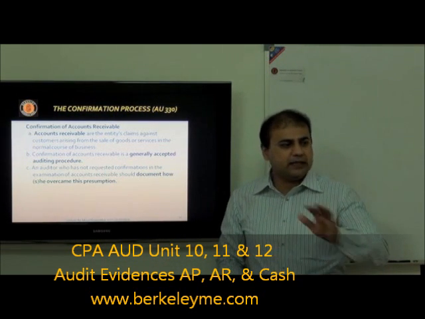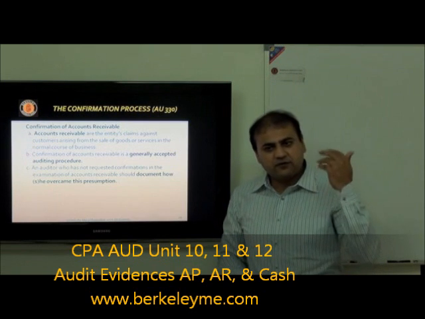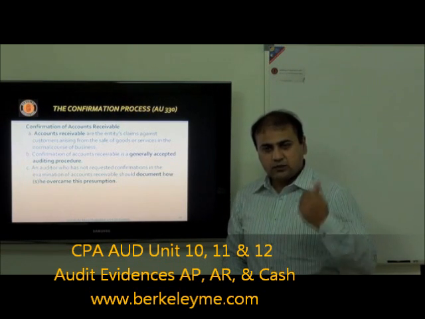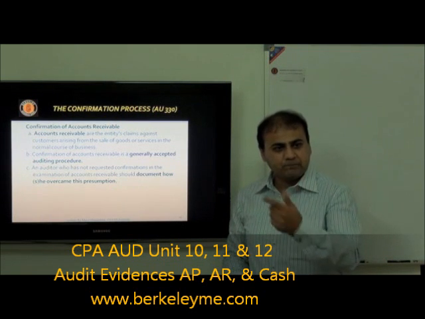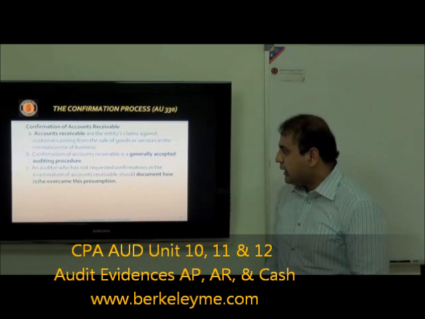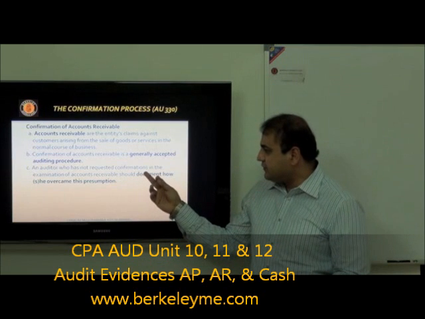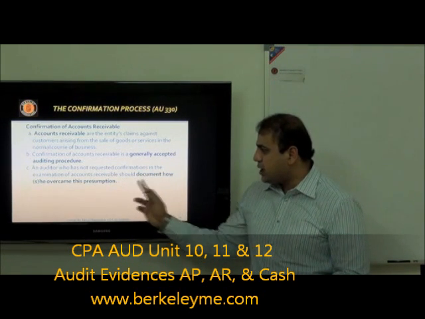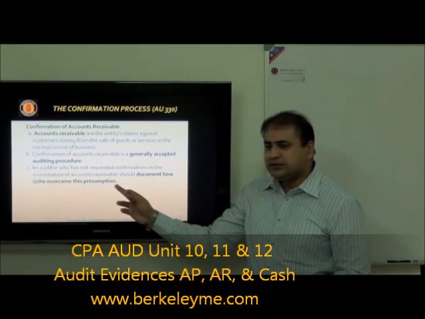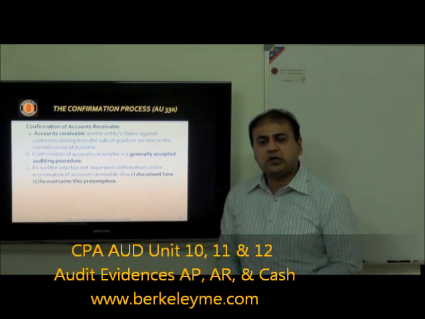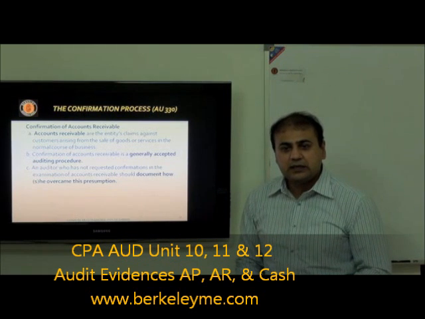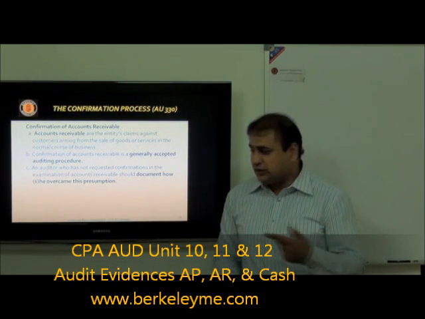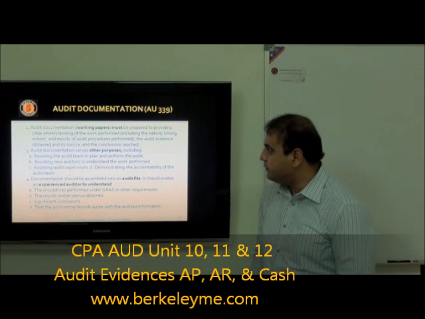This is commonly accepted that the auditor will request the client to arrange the confirmation for him. An auditor who has not requested confirmations in the examination of account receivables should document how he overcame this presumption. If someone is not opting for confirmations, then what is the supplement he is going to rely on? So this he has to disclose in his working papers.